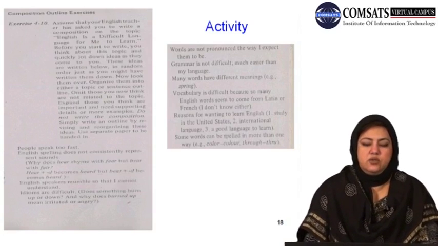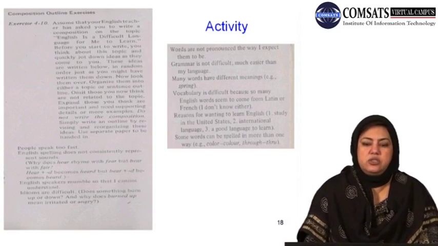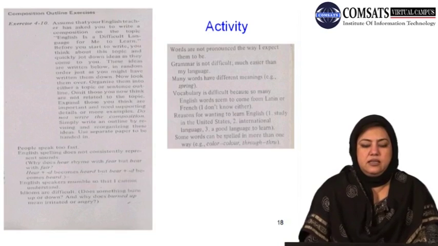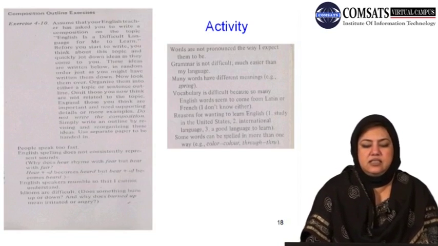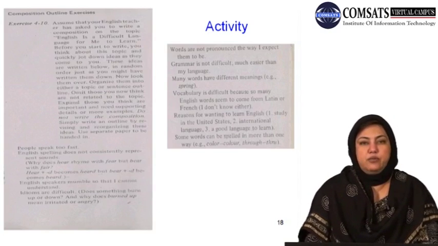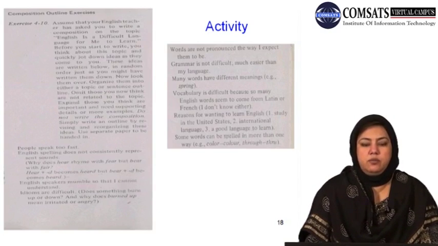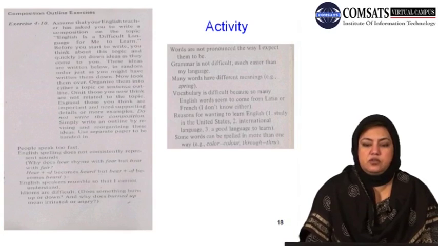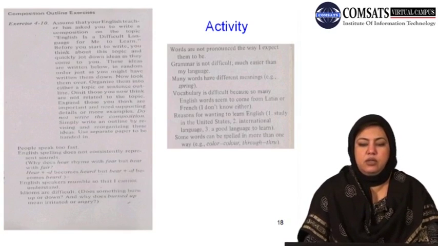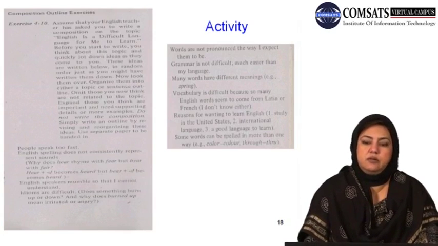What I would also like is, do not write the composition, just create an outline. Simply write an outline by revisiting and reorganizing these ideas, and for that I would like you to have your notebook or book or a piece of paper, to stop here for a while, to look at all these and to develop your outline.